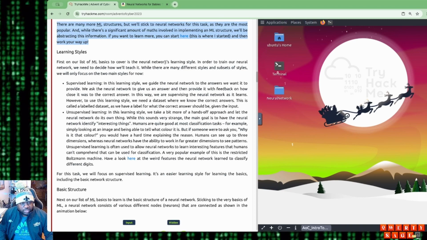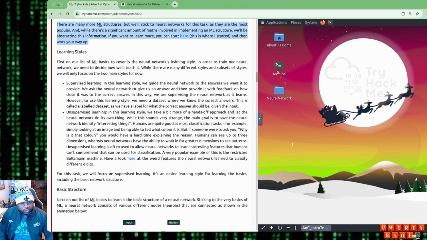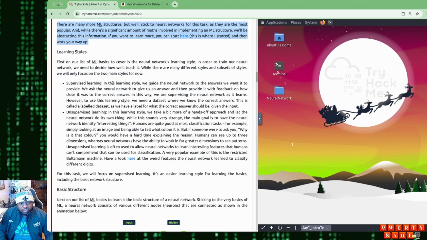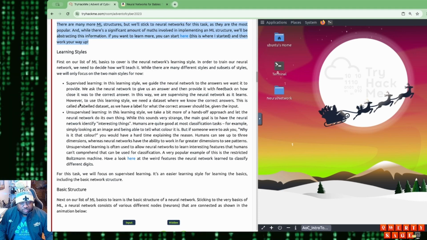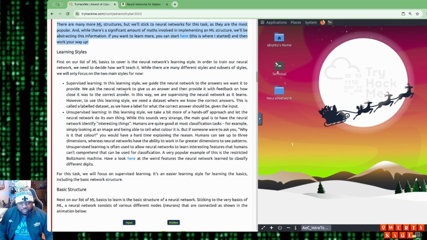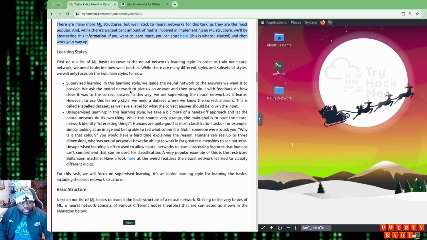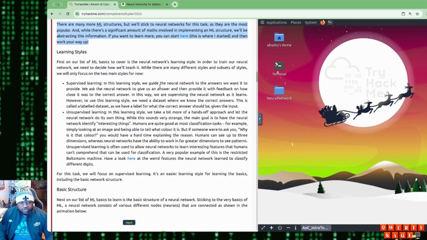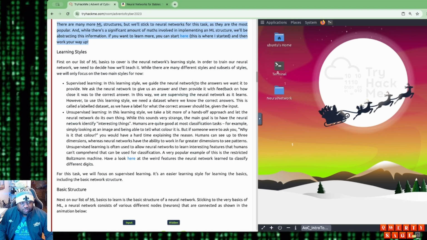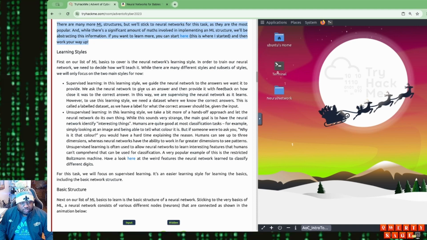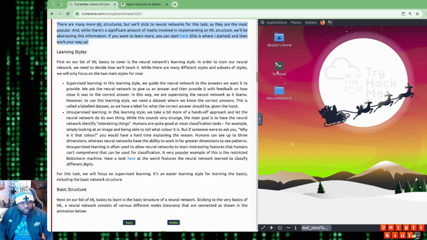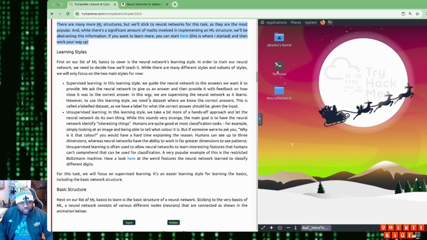First on our list of basics is the neural network learning style. There are two main learning styles to start with. Supervised learning: we ask the neural network to give us an answer, and we provide feedback on how close it was.